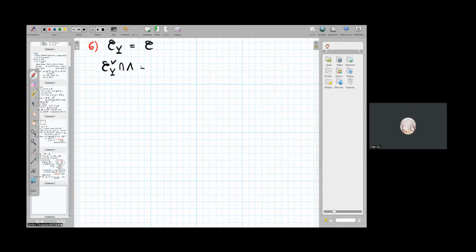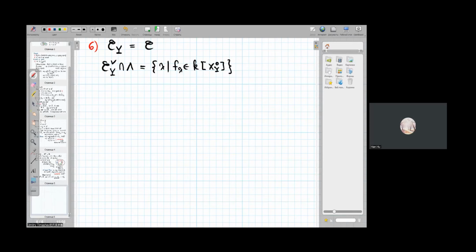We know that this set of weights is exactly the set of weights of all B semi-invariant functions which are regular on X, Y naught. So semi-invariant regular functions on the open B chart are exactly the semi-invariant functions whose weights belong to the dual cone. This was a remark which we already made on the previous lecture.